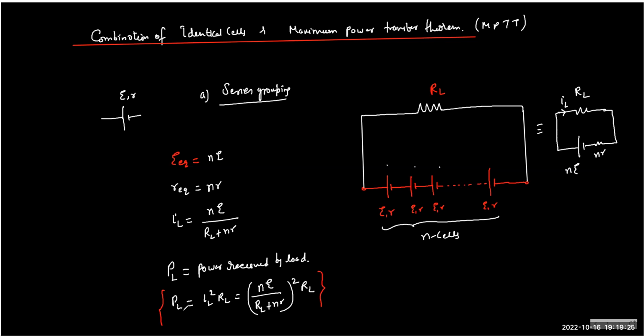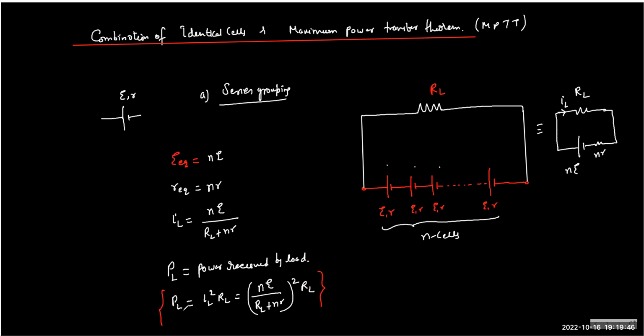So that is going to give you the 0 answer, isn't it? Understood? So the two scenarios of 0 and 0 are not good. We need to think about which RL is the best choice to receive or deliver maximum power.